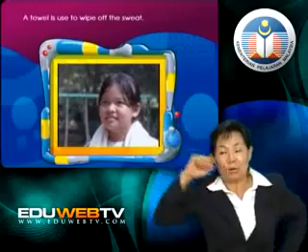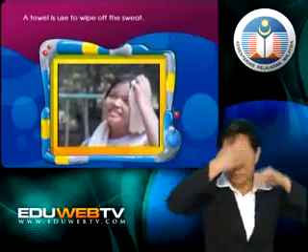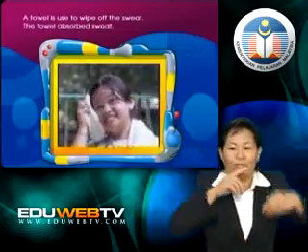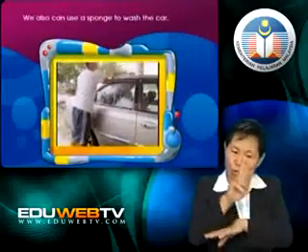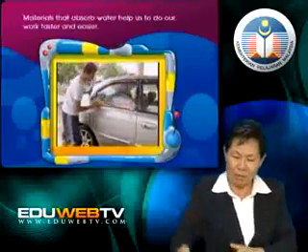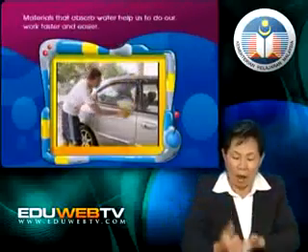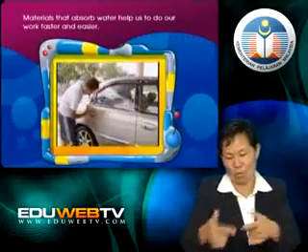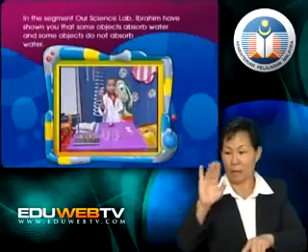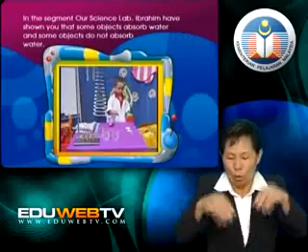A towel is used to wipe off the sweat. The towel absorbed sweat. We also can use a sponge to wash the car. Materials that absorb water help us to do our work faster and easier. In the segment Our Science Lab, Ibrahim has shown you that some objects absorb water and some objects do not absorb.